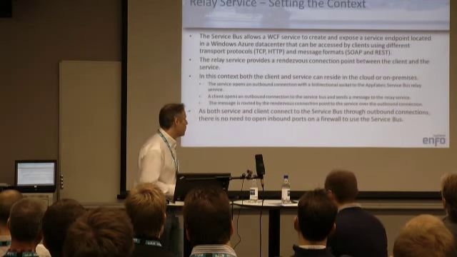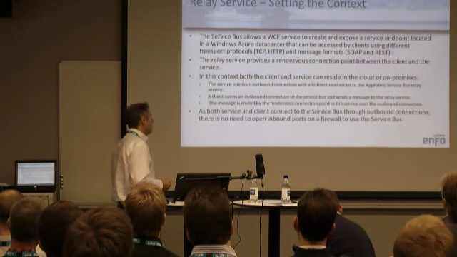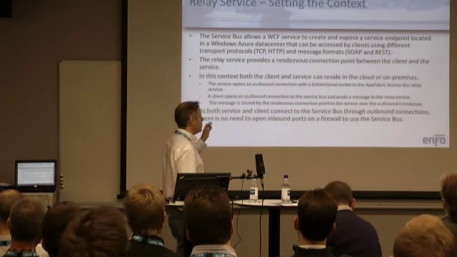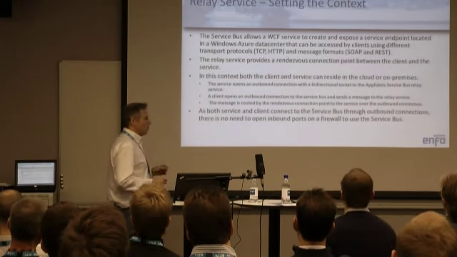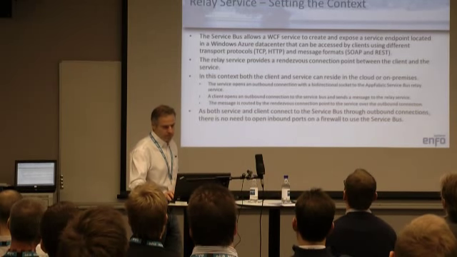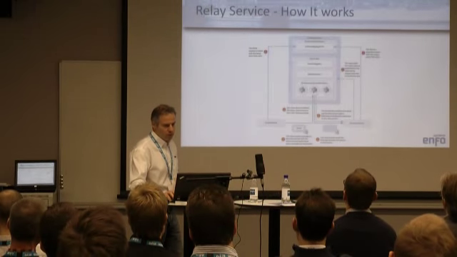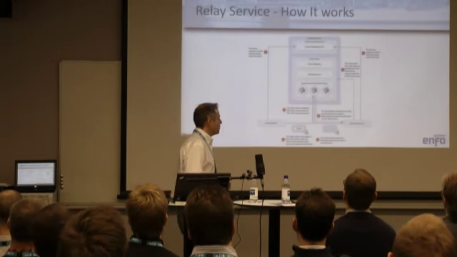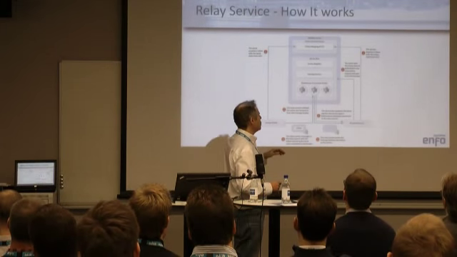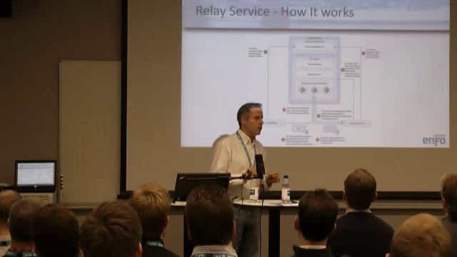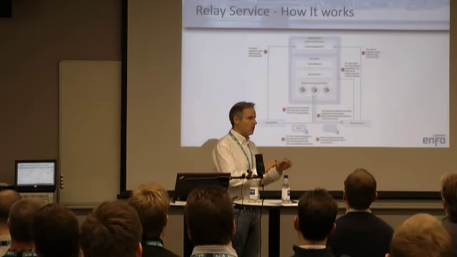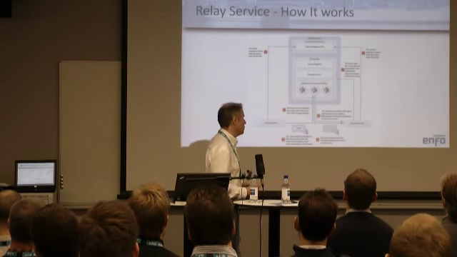So how does it work? In this context, both the client and the service can reside in the cloud or on-premises, and it works this way. Let me show this figure. First of all, the service has to acquire a special kind of token with a special kind of claim called listen from the Access Control Service.